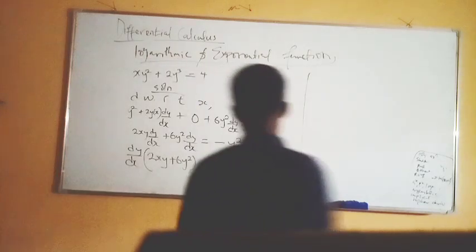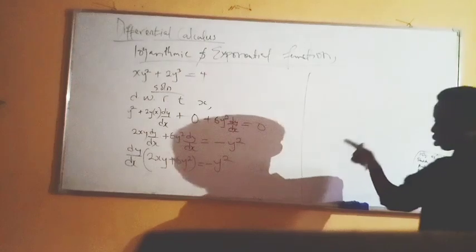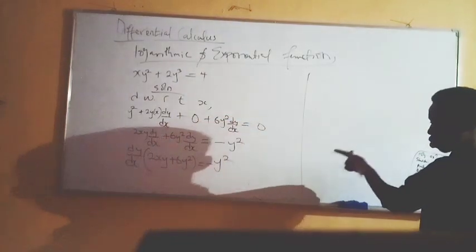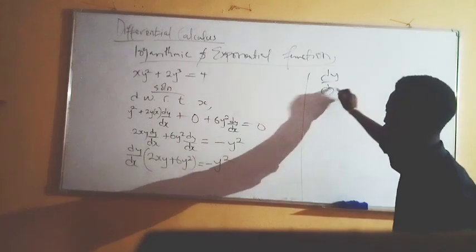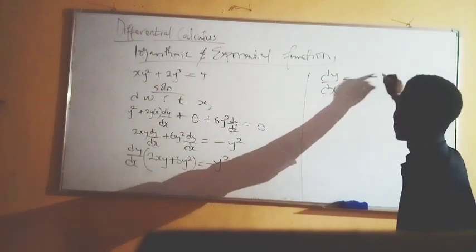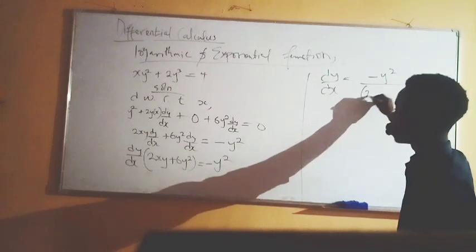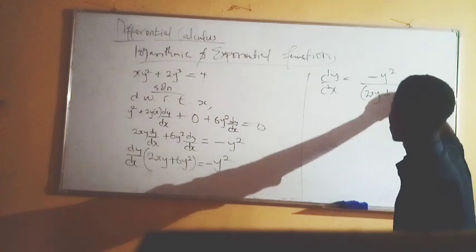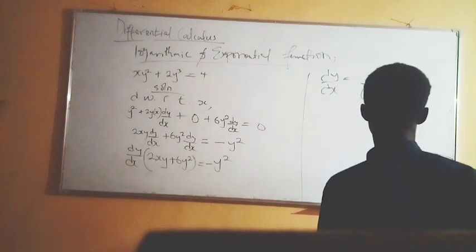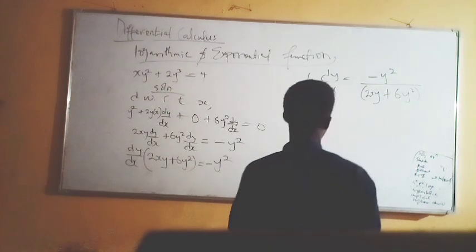To make dy/dx the subject of the formula, we have that dy/dx is equal to minus y squared all over 2xy plus 6y squared. We can still simplify because y is a common factor in this denominator.